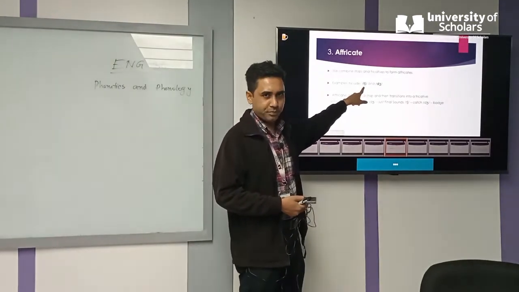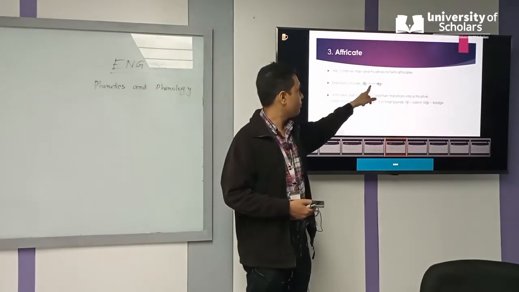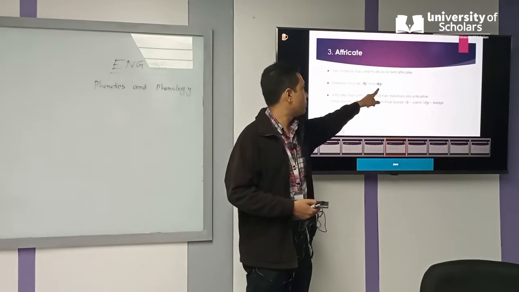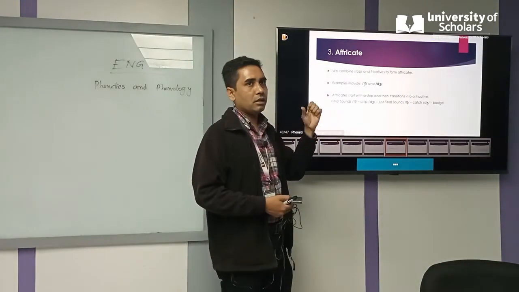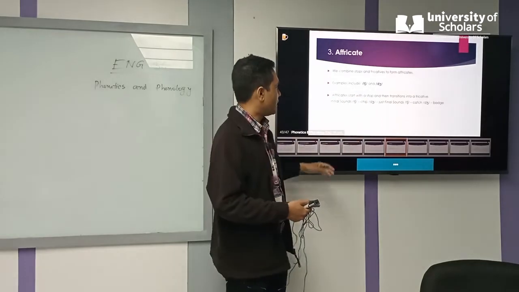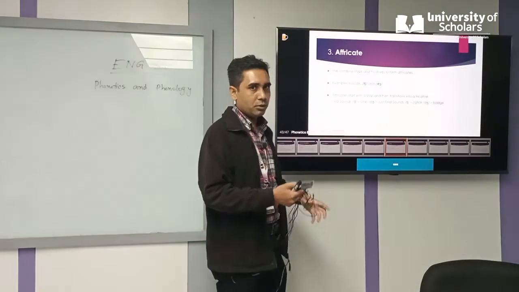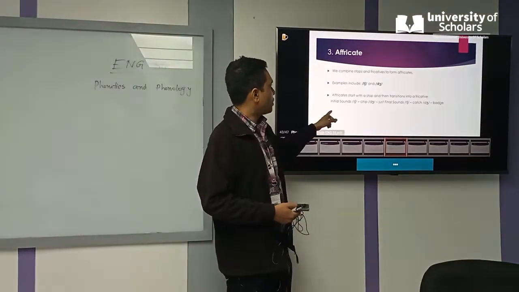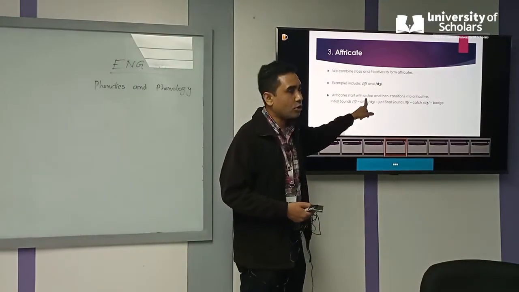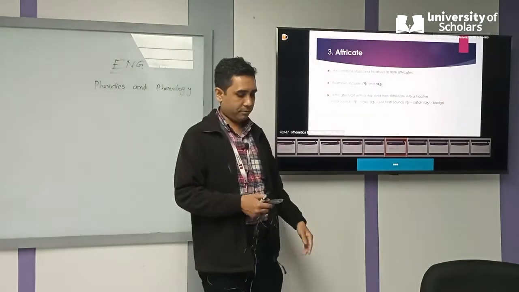Ch, like in chair, and j, like in jam. So ch, we are holding but releasing with some friction slowly. That's why it is called affricate, the combination of stops and fricatives. An affricate starts with the stop and then transitions into a fricative.